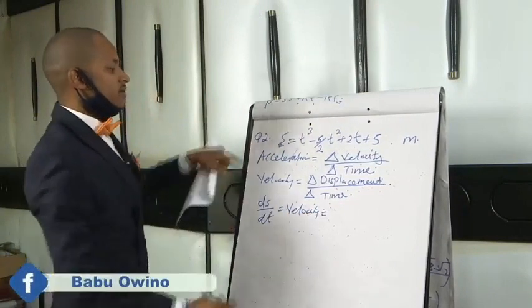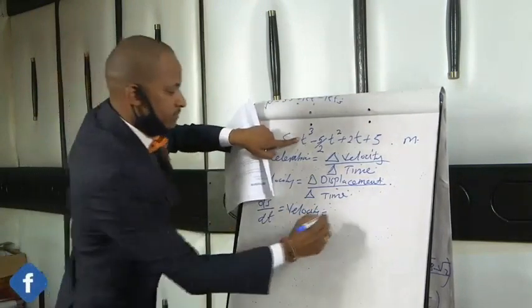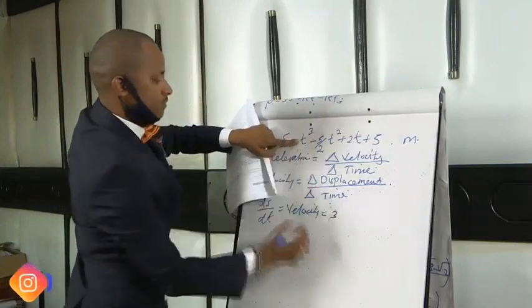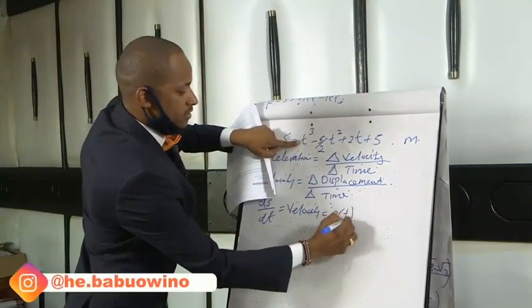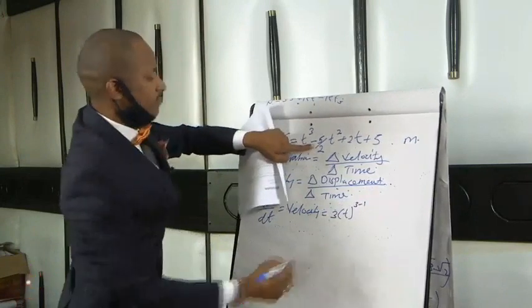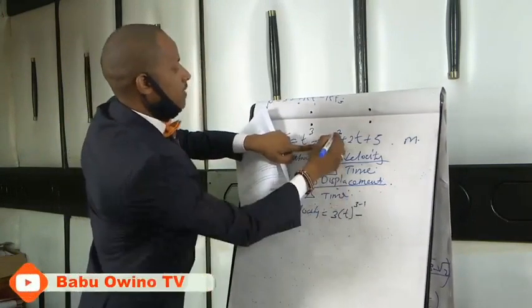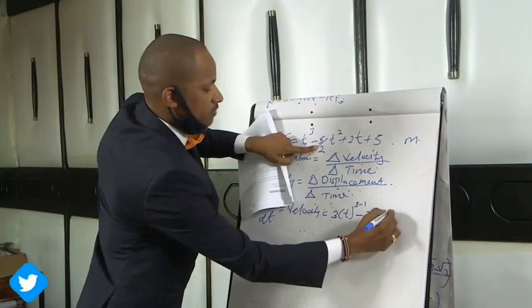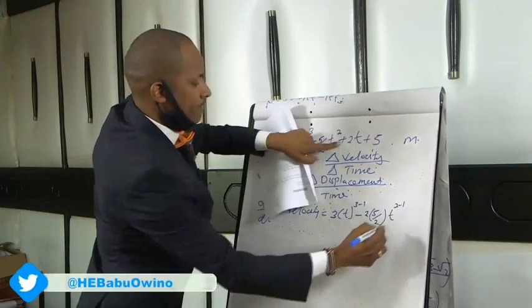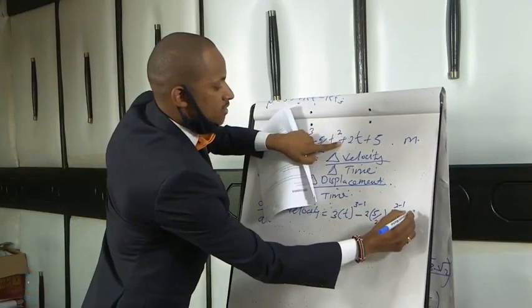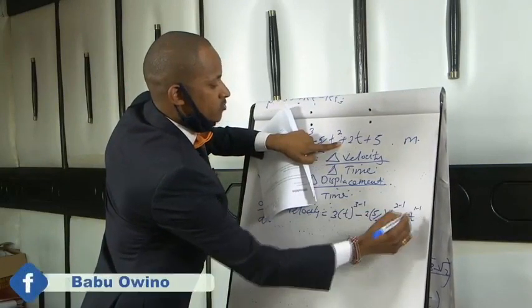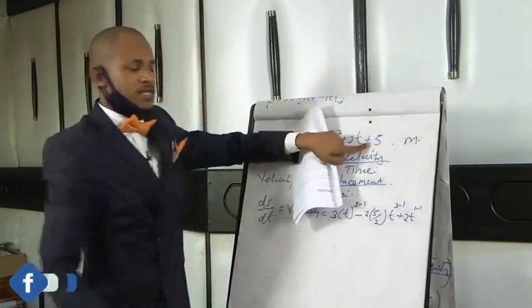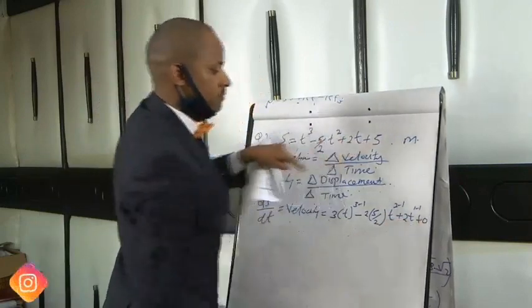So the velocity becomes, when you differentiate t cubed, you bring 3 down into t to the power 3 minus 1, minus, bring 2 down, that is 2 into 5 divided by 2, t to the power 2 minus 1, plus 2t to the power 1 minus 1. When you differentiate any number, you get 0.